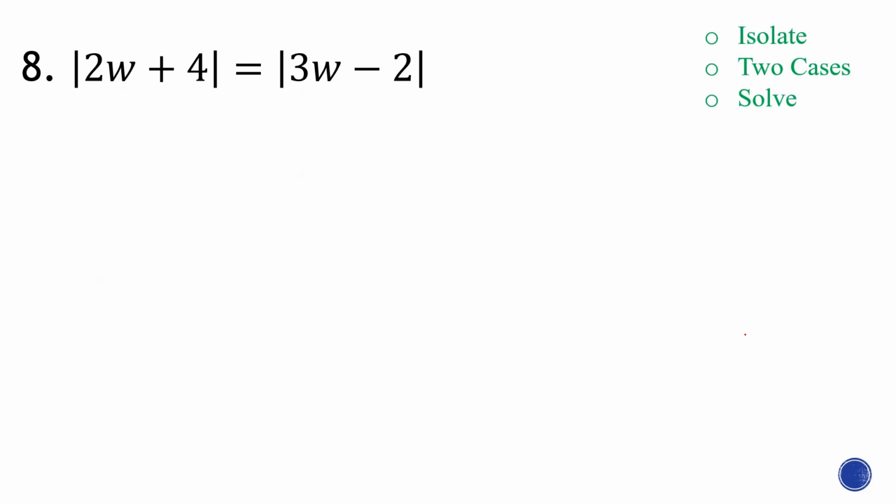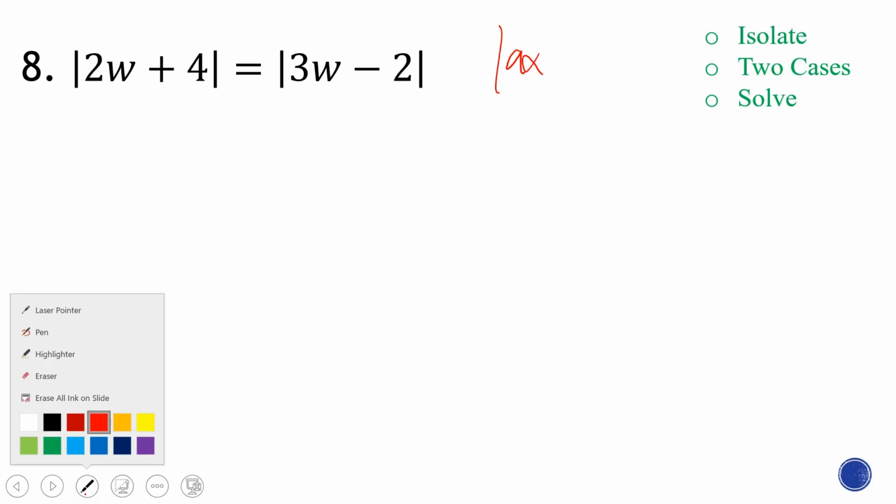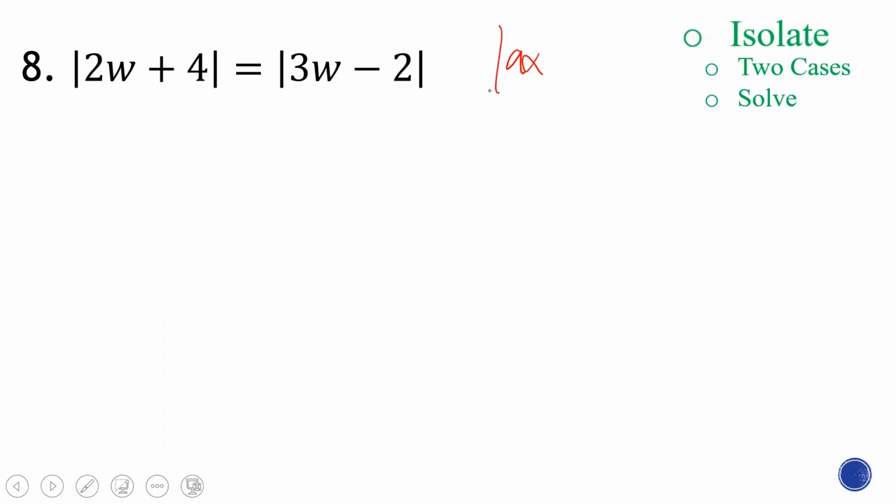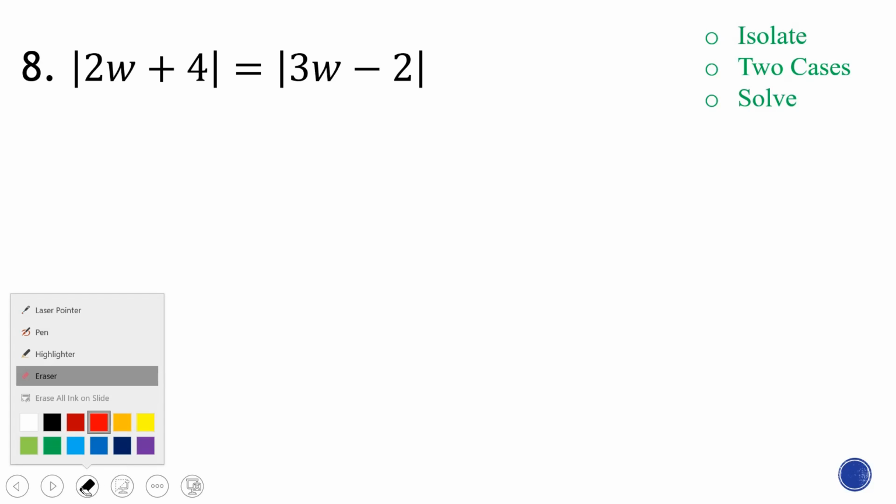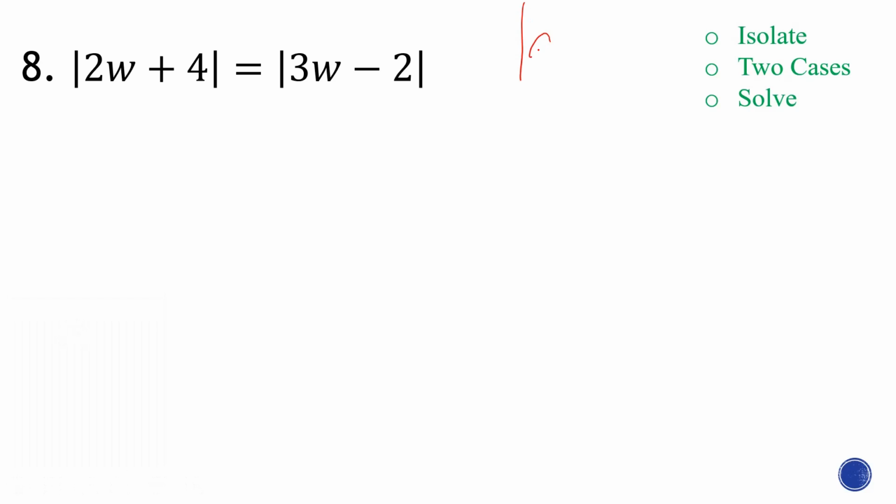Let's see. Here we have two absolute value expressions on both sides of the equation. So obviously it's not in this form, right? I know. Let me just erase that. I know, it's not in this form, right?